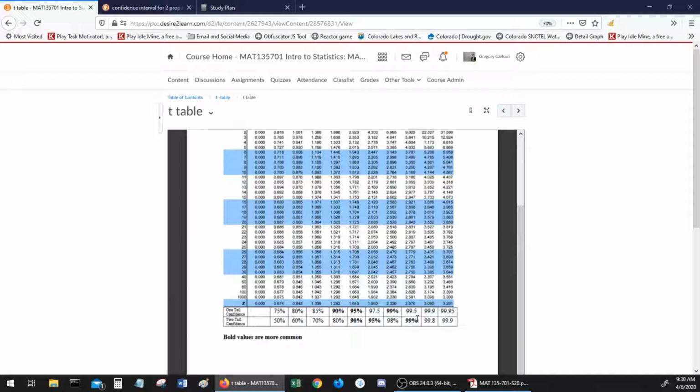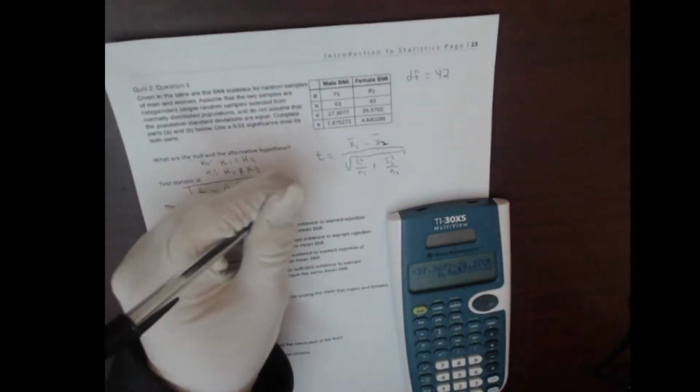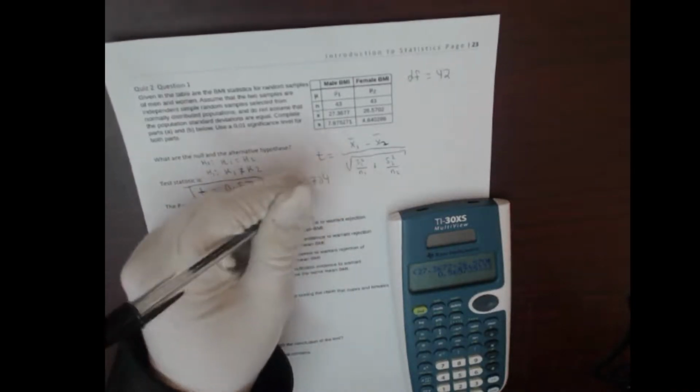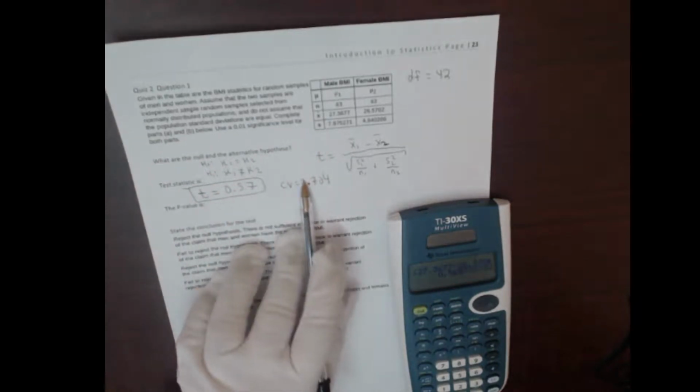And 40 is the closest to our degrees of freedom. So our critical value is 2.704. If our critical value is 2.704, you can see that we're going to fail to reject because our test statistic is not bigger than the critical value.